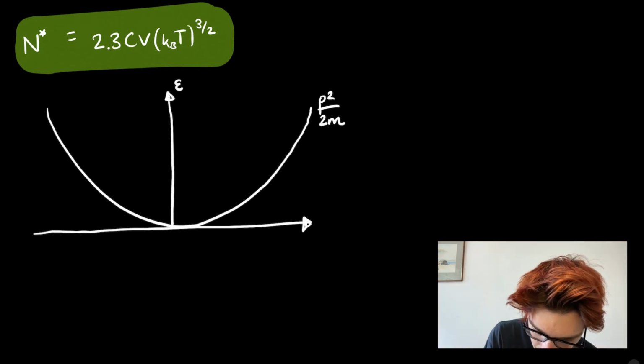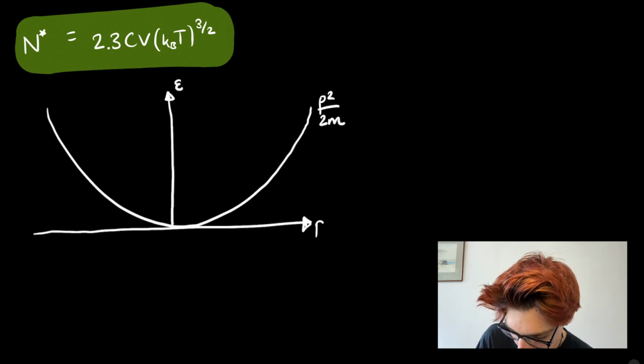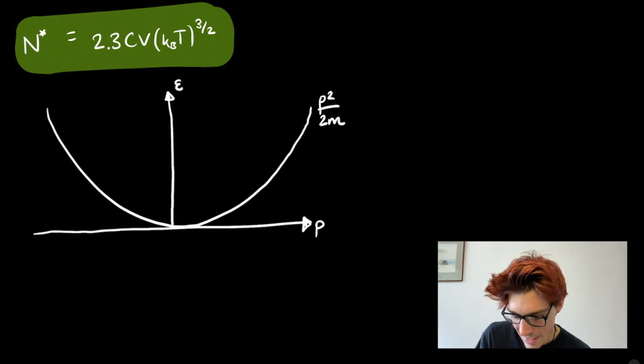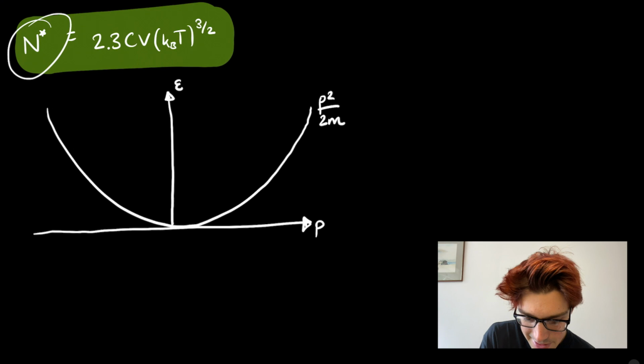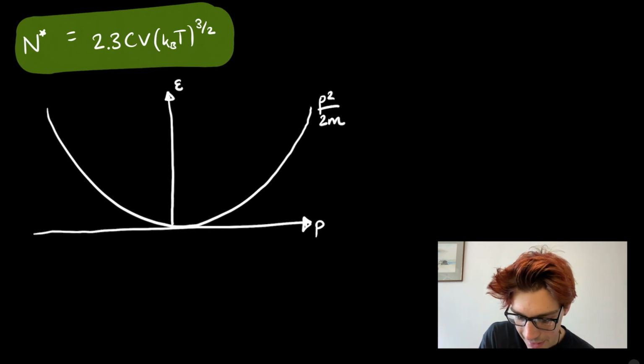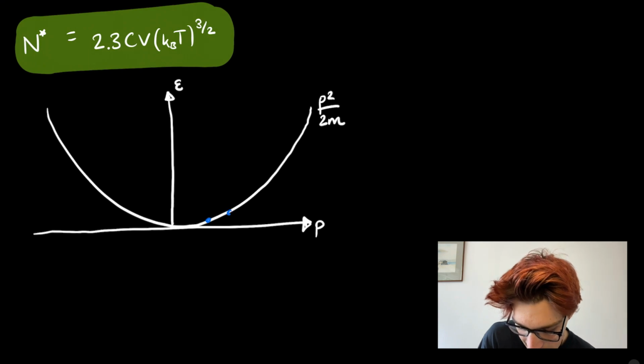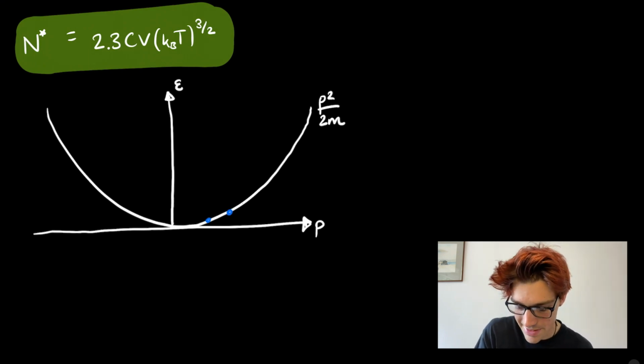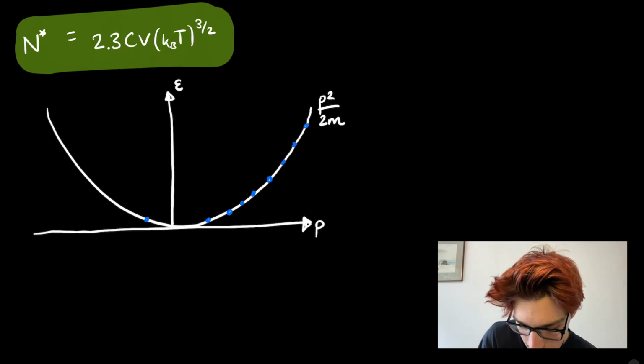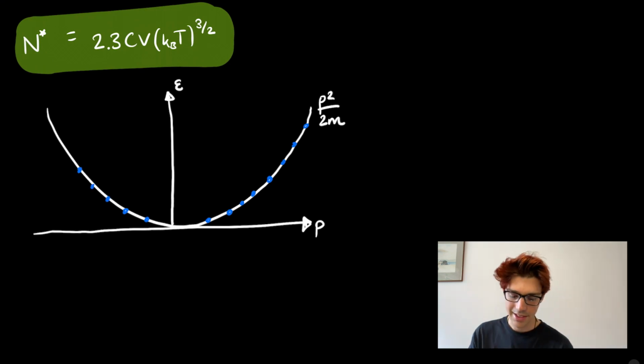So this is energy as a function of momentum. And if you remember, the way we calculated this n star was by summing over the different states and multiplying by how many states there are, which is the density of states. So we just summed up all these individual ones. We also did the ones for the negatives, and we went up this sort of infinite load of states.